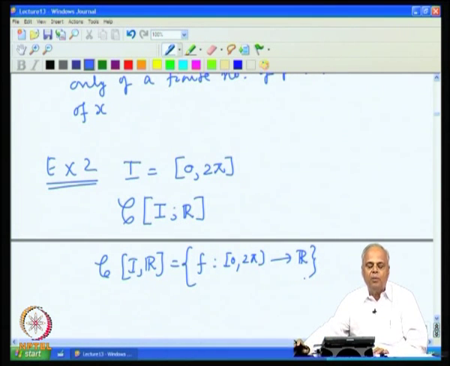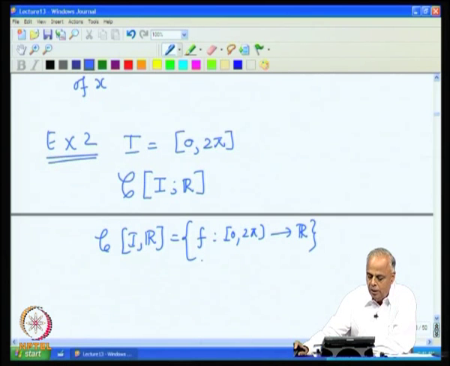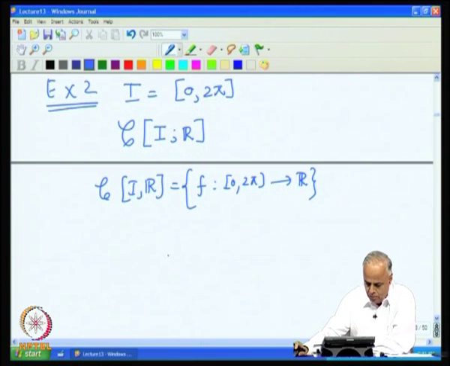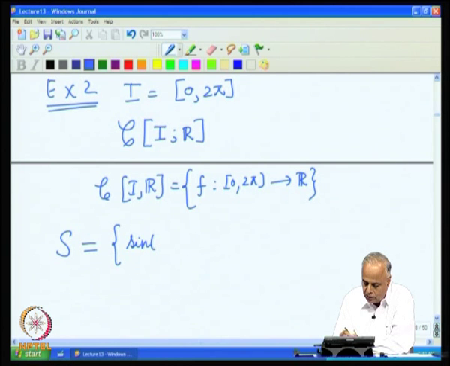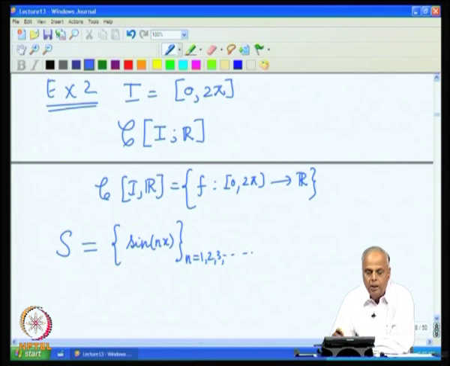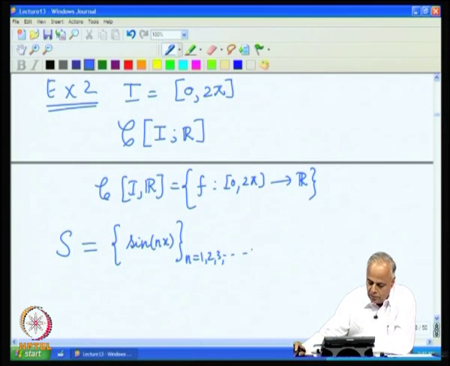So, it is the collection of all real valued functions defined on the interval 0 to pi. On this vector space, consider the set of all these functions sin nx, where n runs through 1, 2, 3 etc. Previously, we looked at x to the power of n, where n ran through the integers. Now, we look at sin nx, where n runs through the integers.